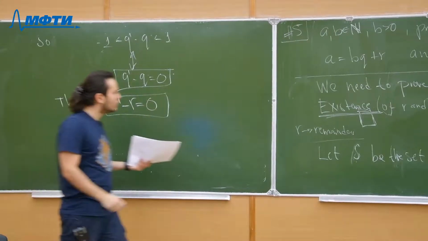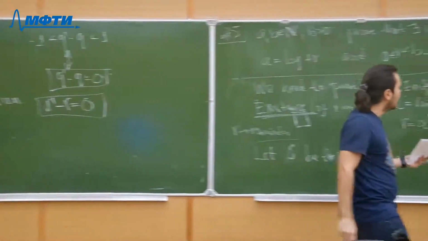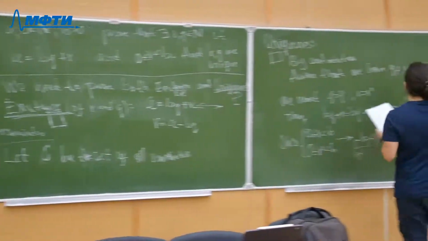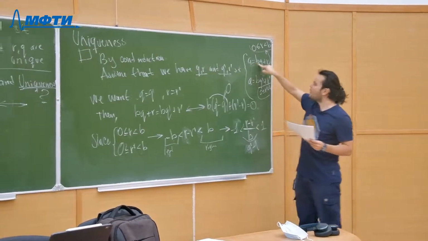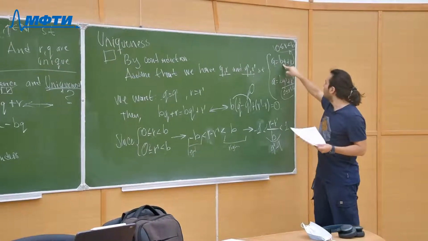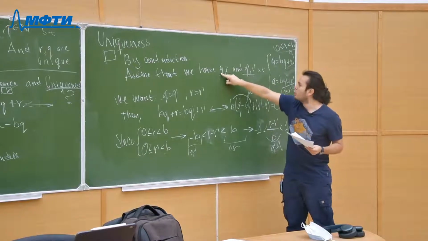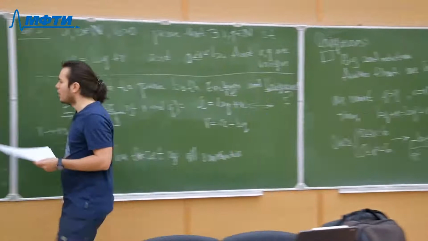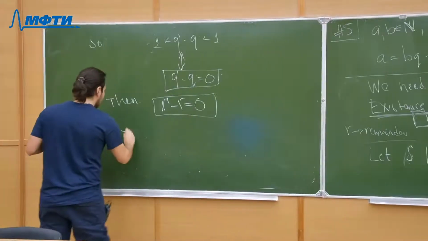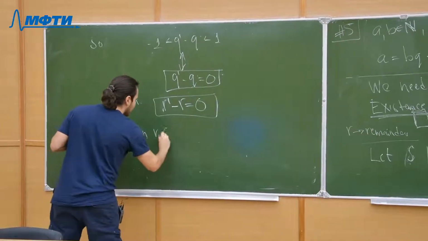So we proved that if for some fixed a and b we have two different values for q and for r, we obtain that they are going to be the same. Then r and q are unique.